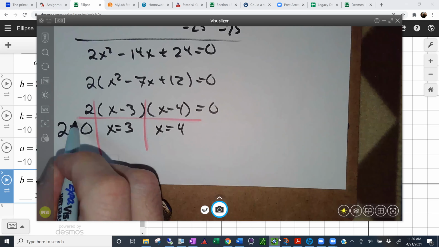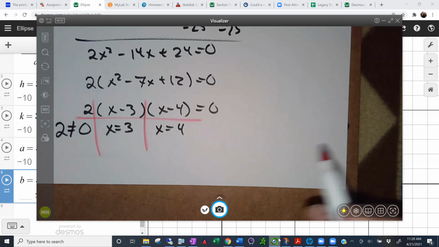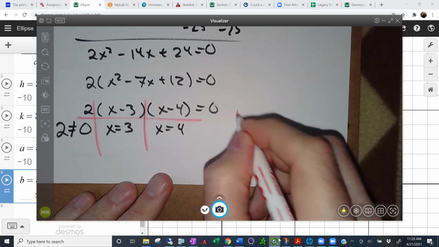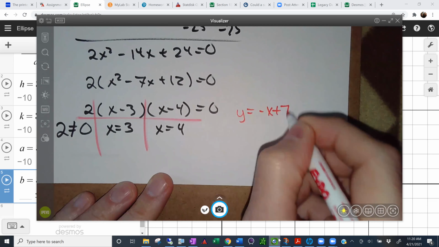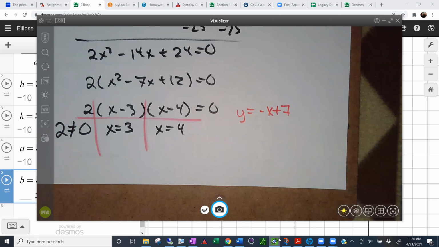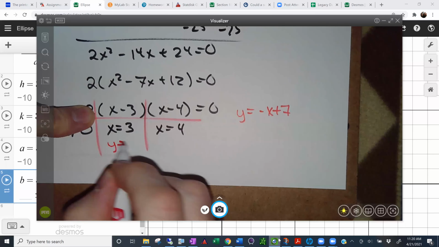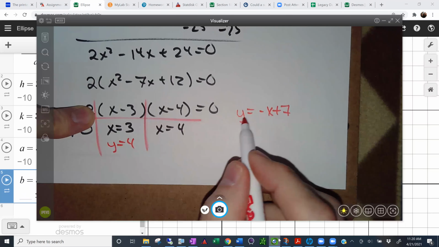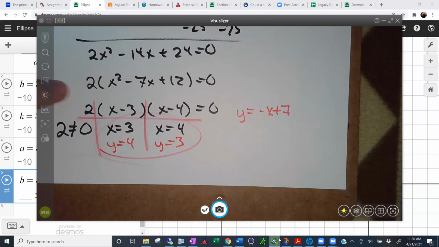No. So those are your 2 solutions. Now those are the values for x. Keep in mind, way at the top, we had y was negative x plus 7. So if I plug in a 3 here, negative 3 plus 7 gives me y equals 4. And negative 4 plus 7 gives me y equals 3. So those are your 2 solutions.